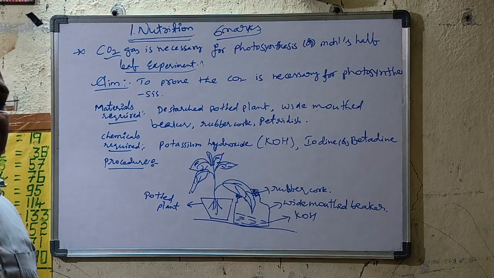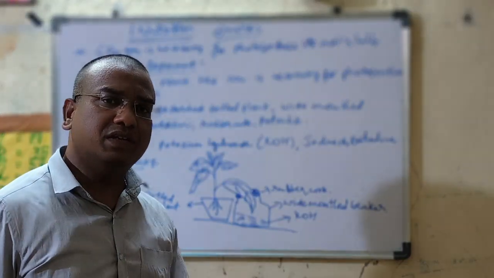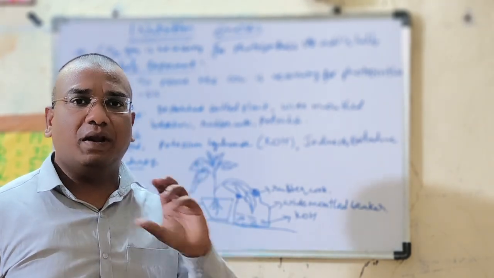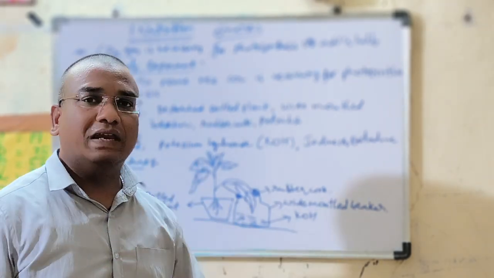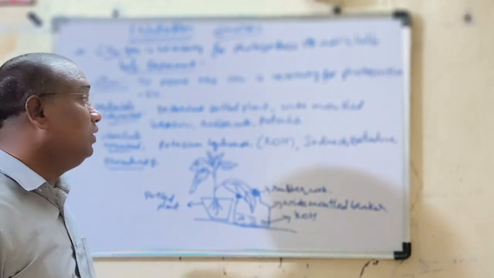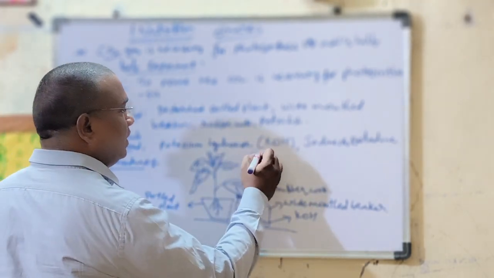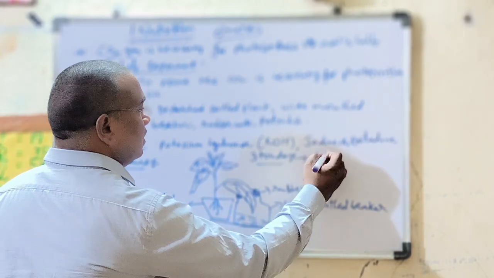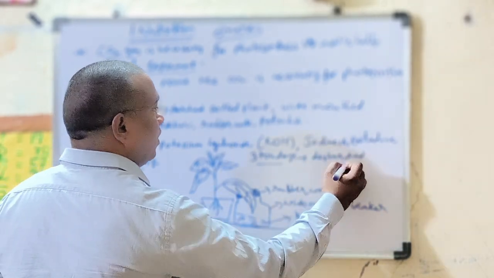What is the meaning of a destarched potted plant?